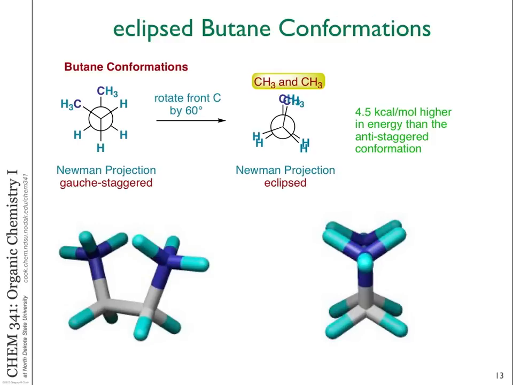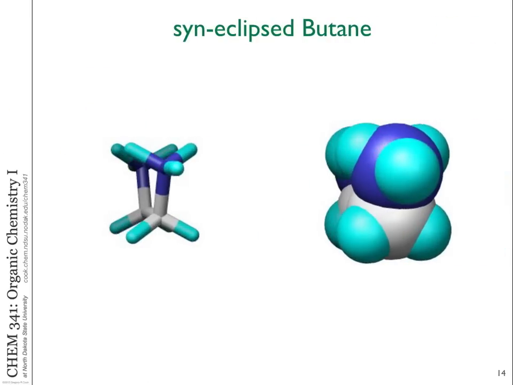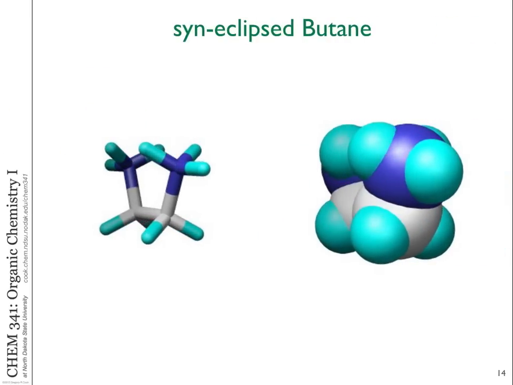So in going from this conformation to this conformation, we've increased the torsional strain because all the bonds are eclipsed. And now we've increased the steric strain a lot because we've put this molecule in a conformation where the large groups are closest to each other. And you can see that here. See how close those methyl groups are in these conformations. So it's no wonder that this is going to be the highest in energy.